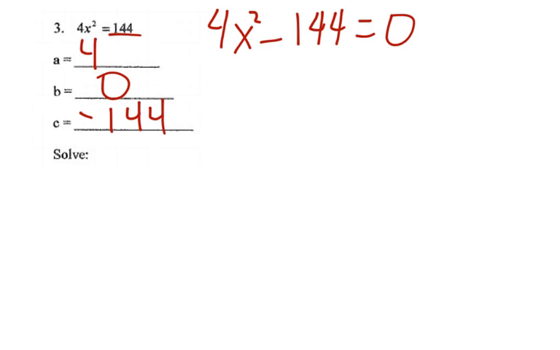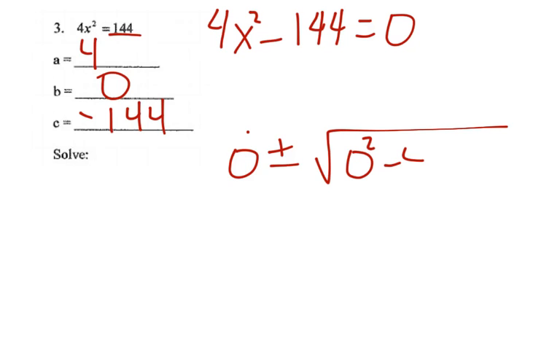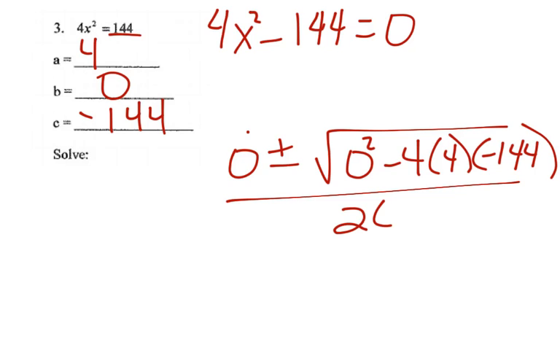So for my formula, I'm going to have 0 plus or minus the square root of 0 squared minus 4 times A is 4 times C is negative 144 all over 2 times A is 4. So 0 squared minus 4 times negative 144 is the square root of 2304. The square root of 2304 is 48.